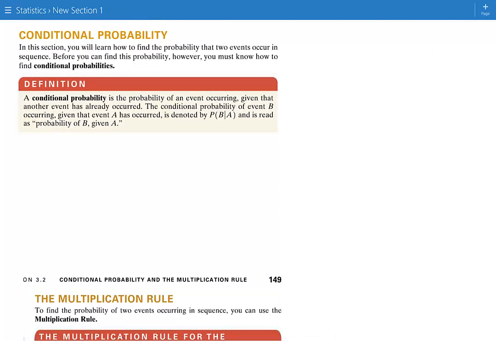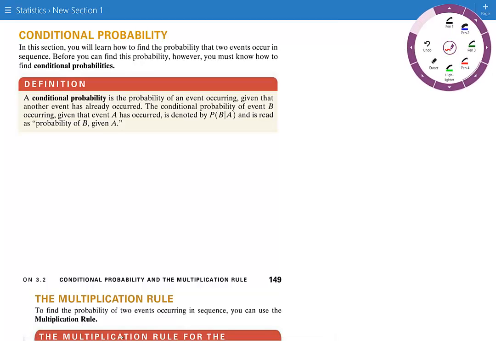Now, conditional probability. This is an entirely different thing, and I want to try to give you a picture version of it so that we can understand what's going on here. First, though, I do want to get out of the way some of this jargon.